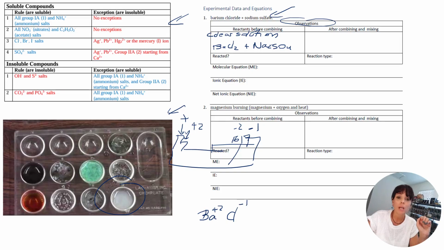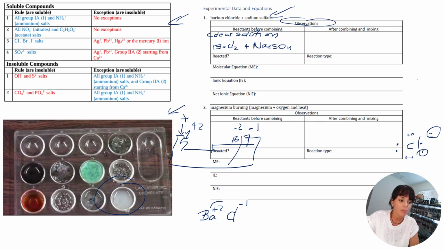It is -1 because chlorine has 7 valence electrons, so it just needs one more to have 8 and be happy. This is why it will be -1: it just needs 1 to be more stable, to have the same electron configuration as a noble gas.